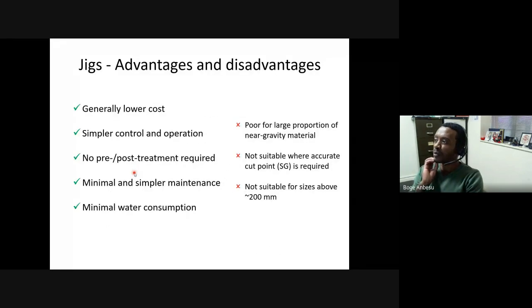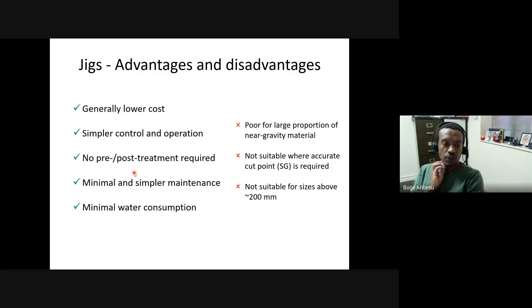Okay, so these are some of the advantages of jigs. Obviously, these are more general, but jigs tend to be lower cost to operate and to control as well. They don't actually require a lot of maintenance as well. So they operate at a reasonable rate.